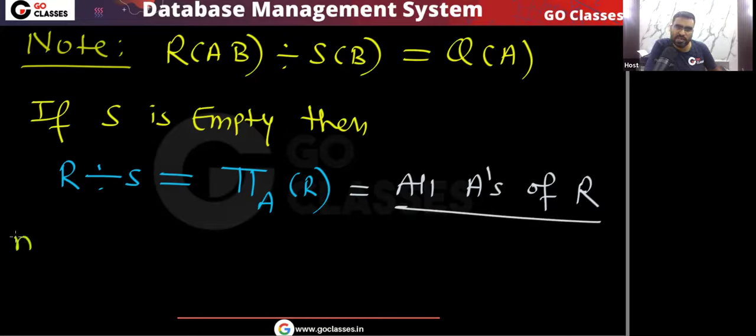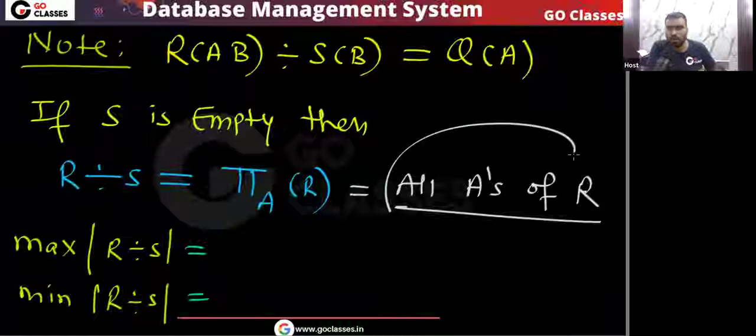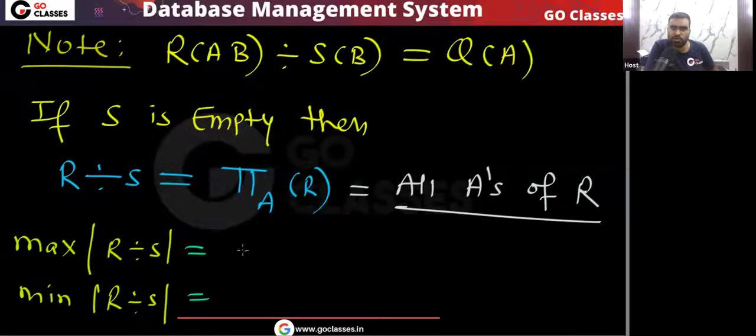So tell me, what can be the maximum cardinality of R divided by S? And what can be the minimum cardinality of R divided by S? The maximum is all A's of R. Maybe the A's are unique.